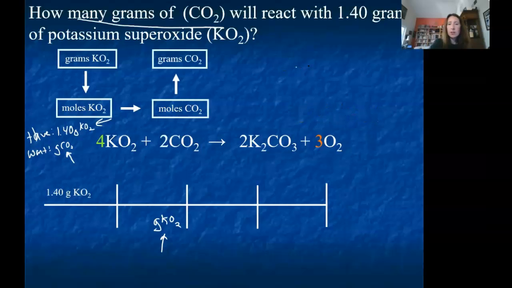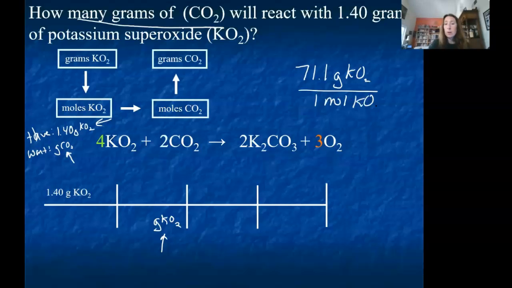So if we have KO2, it's 71.1 grams of KO2 over 1 mole of KO2. Those are the units of the periodic table. Every time you look at the periodic table, the units are always grams of whatever you're reading over 1 mole of whatever you're looking at.